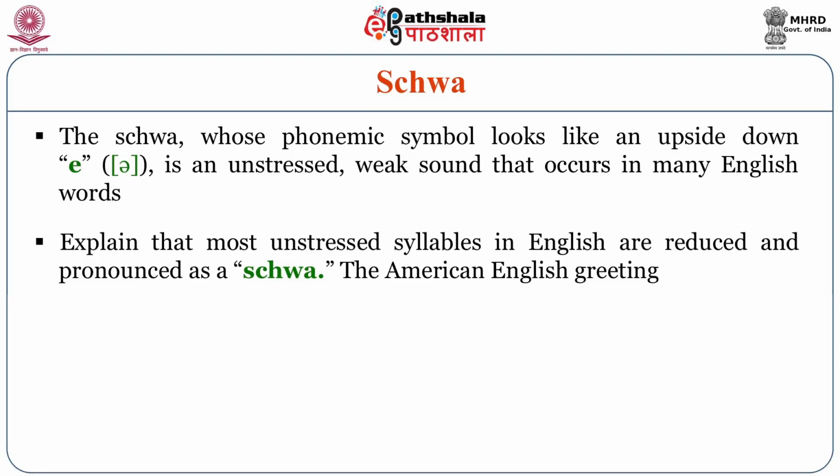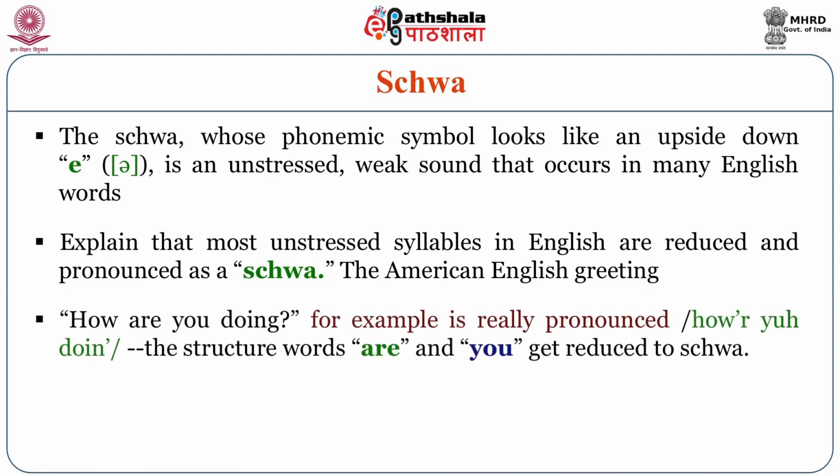The American English greeting, how are you doing, for example, is really pronounced how are you doing. The structure words are and you get reduced to schwa. That we just forget that. How are you doing? This is where there comes fluency, there comes naturalness, and it becomes the part and parcel of the language.